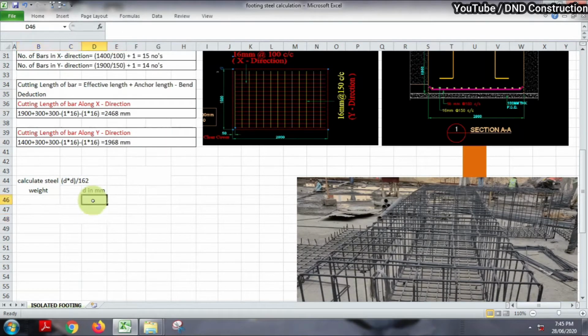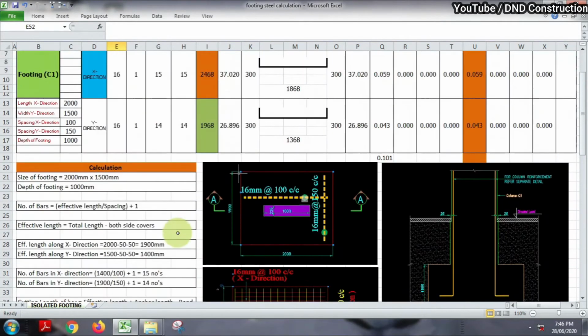If we keep 16 squared divided by 162, we will get 1.58 kg per meter length. So the 16 mm diameter bar weighs 1.58 kg per meter. As we have a cutting length of 37.02 meter, if we multiply 37.02 by 1.58, we will get the weight in kg.